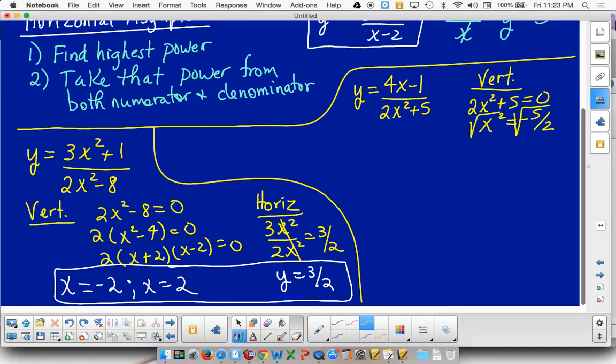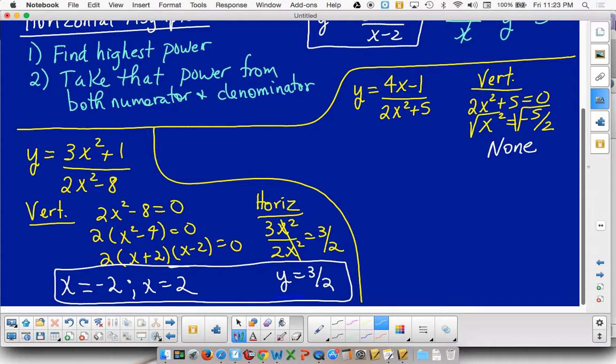That means it's imaginary. What's that mean? I can't have an imaginary vertical asymptote, so therefore there aren't any. There are no vertical asymptotes on this one. There's no law that says there has to be. So the verticals are none.